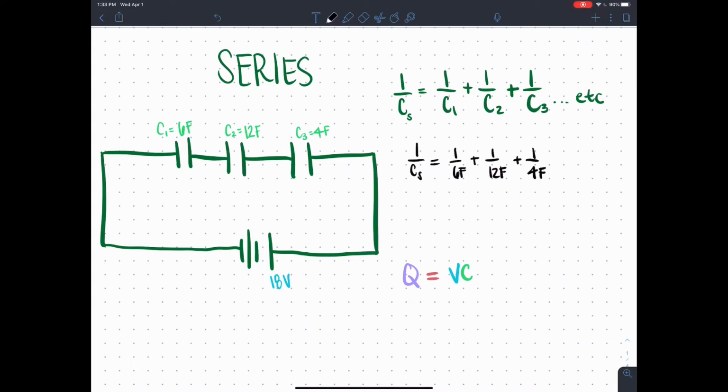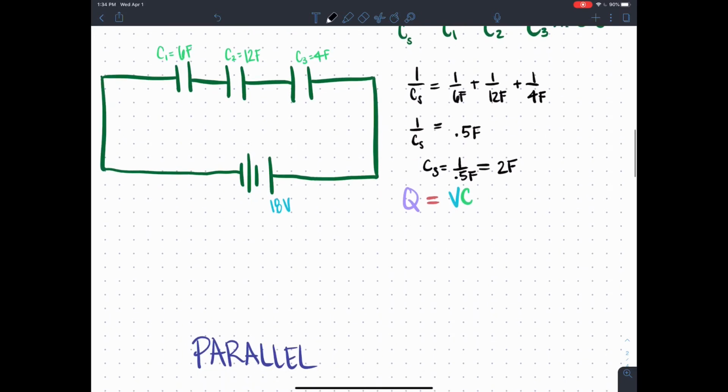When we add all these up, I'll just do it for you, we find that the number here is 0.5 farads, equal to 1 over CS. When we rearrange this equation, the total capacitance going through this whole circuit is 1 over 0.5 farads, which we calculate to be 2 farads over the whole circuit.